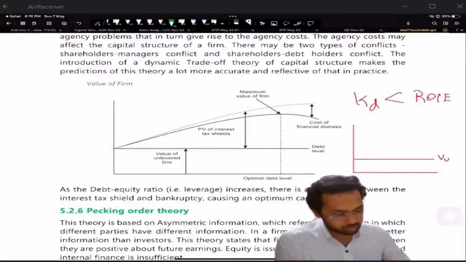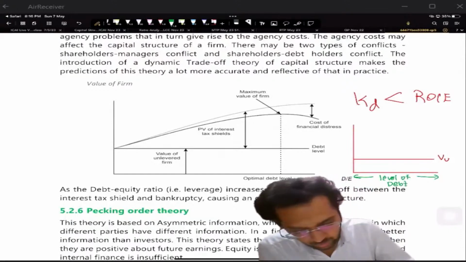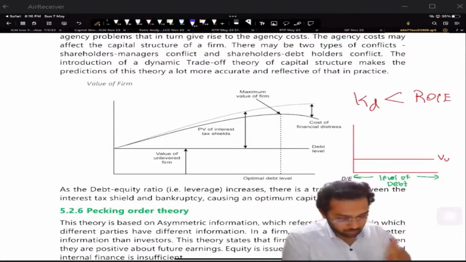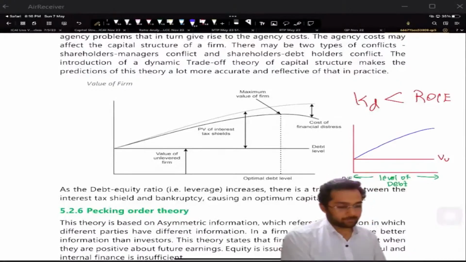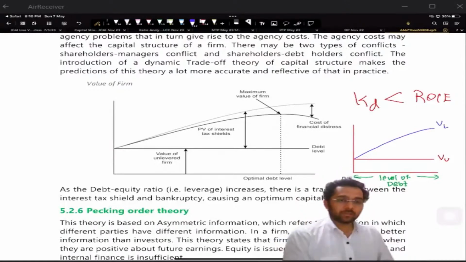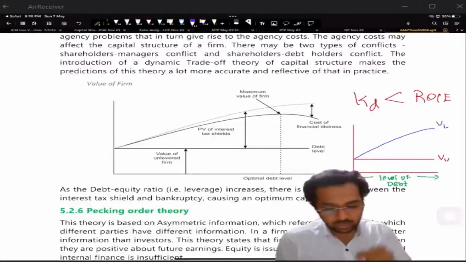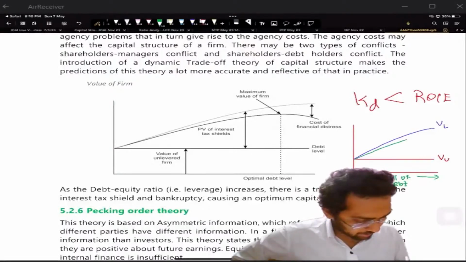If you take a loan, and this is the level of debt on the x-axis, by the way, you'll find that the value of the firm will increase. This is the value of the levered firm, but you cannot attain that value because there is always this financial distress.